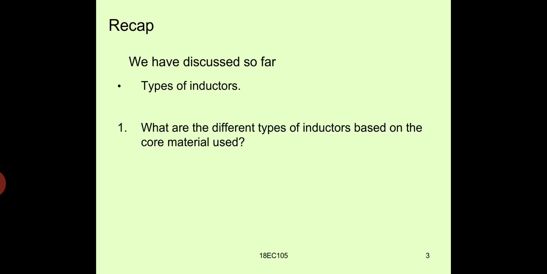So now let us recap. We have so far discussed the types of inductors. What are the different types of inductors based on the core material? Let us recall. They are air core inductors, iron core inductors, and ferrite core inductors.